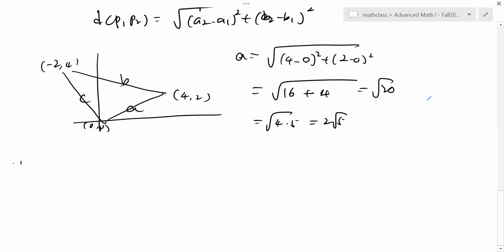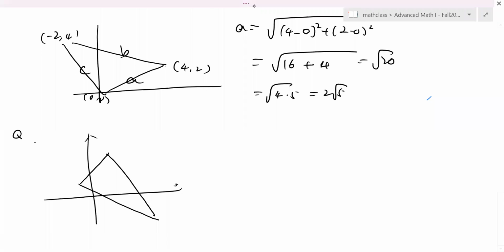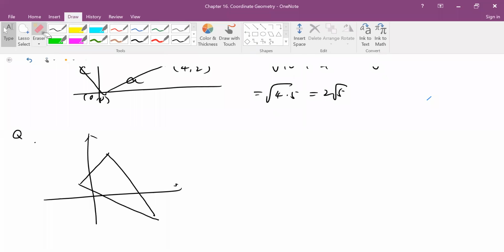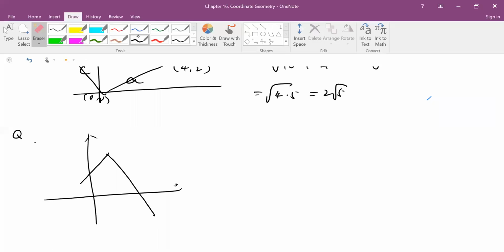So what I want you to do in the class today is the following. Given a triangle with three vertices, let me draw the triangle.